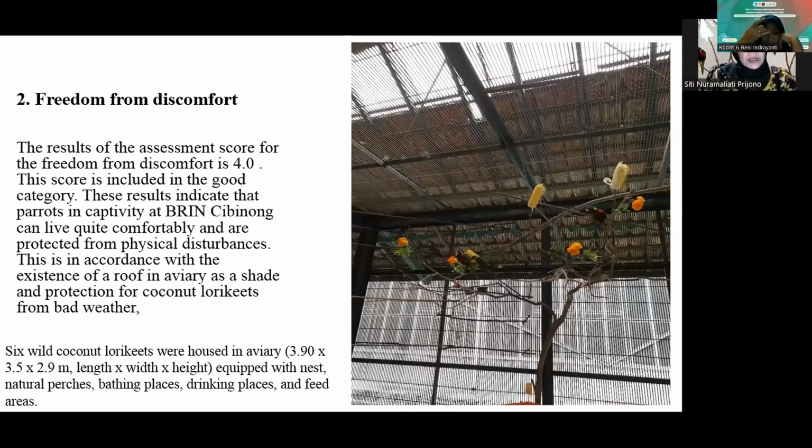This is in accordance with the roof in the aviary as shade and protection for coconut lorikeets from bad weather. Six wild coconut lorikeets were housed in an aviary equipped with natural perches, bathing places, drinking places, and feed areas.